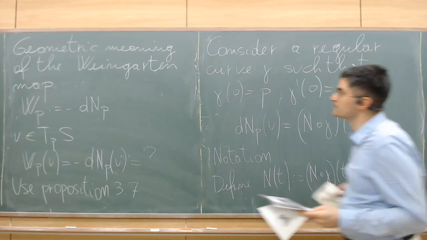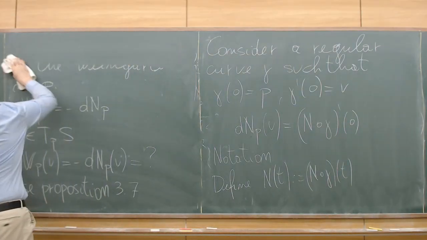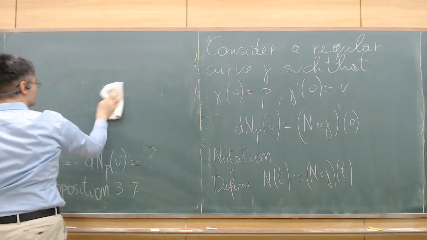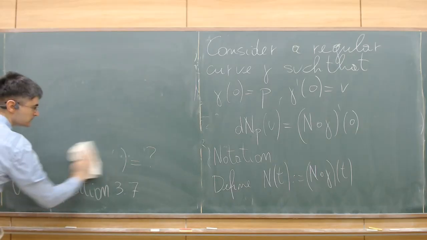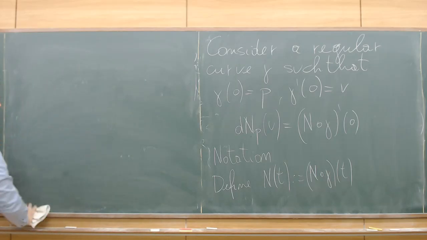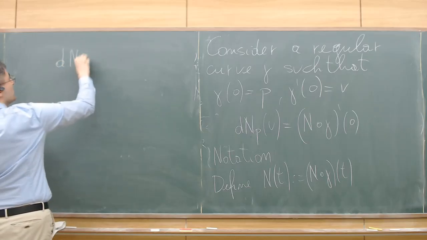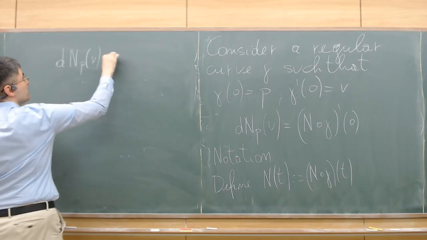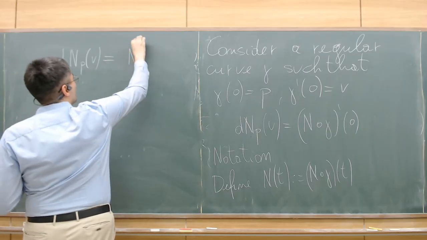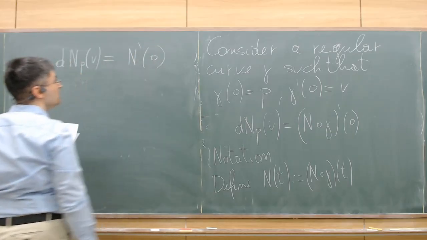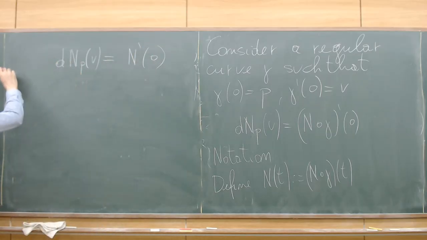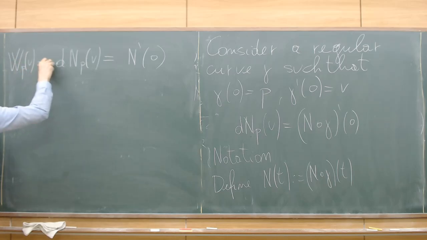This implies that dNP at v is n prime at 0, and consequently WP at v is this.